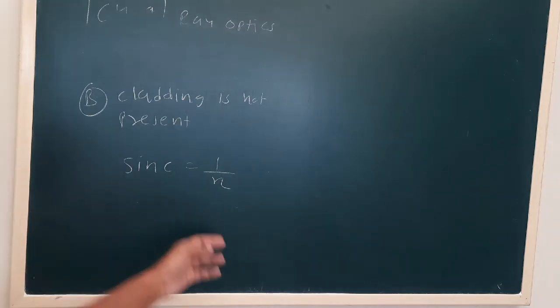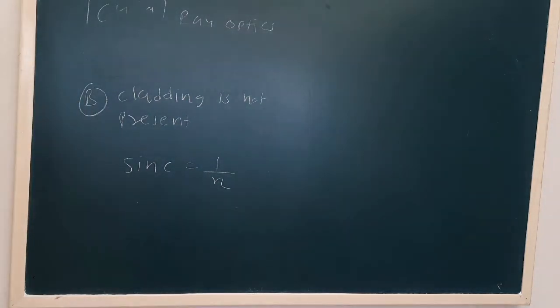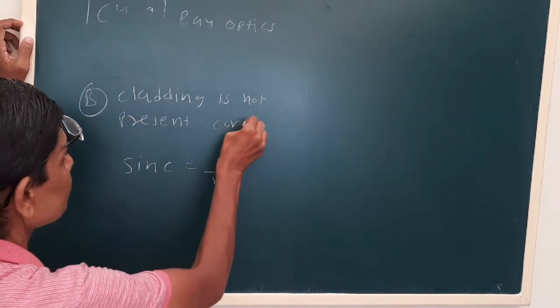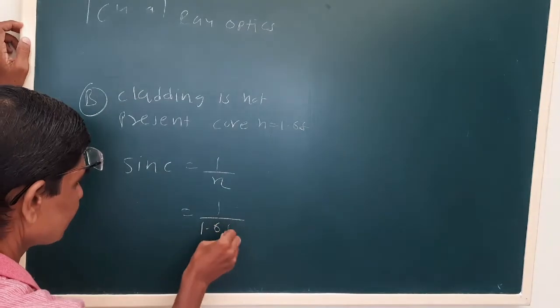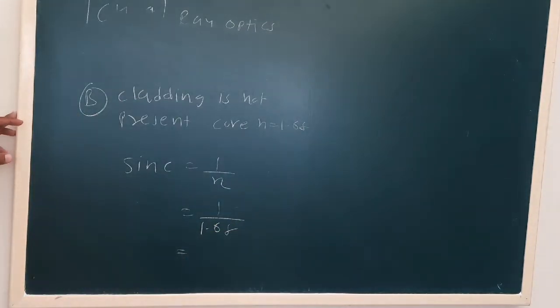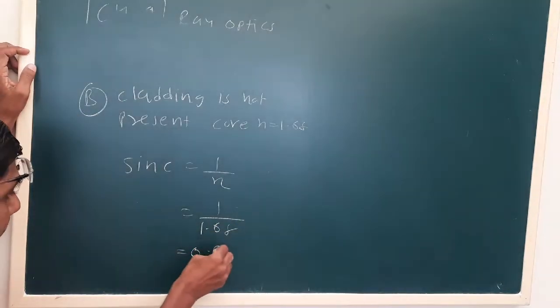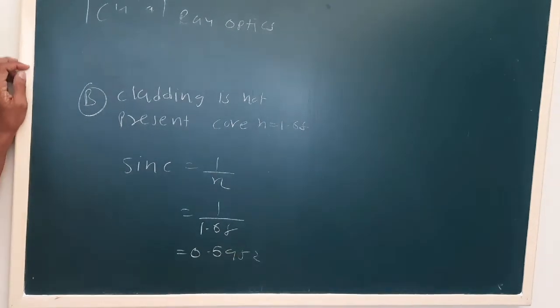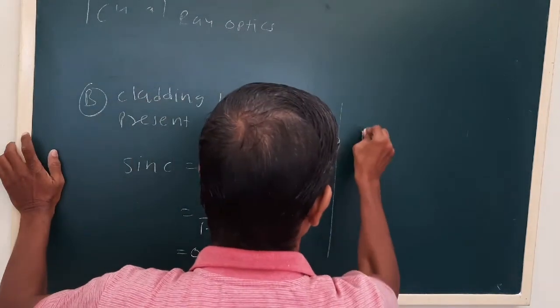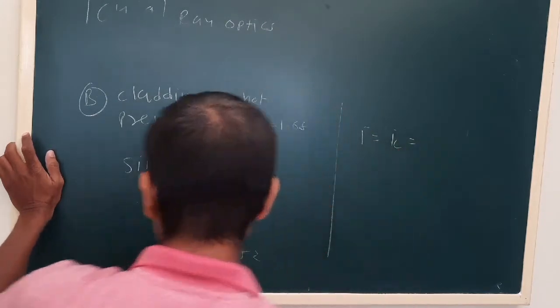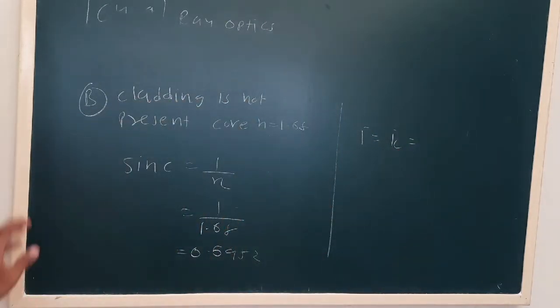Here we have to take directly the refractive index of the core. If we solve, this will come out to be 0.952. Now the inverse sine of that turns out to be 36.5 degrees.